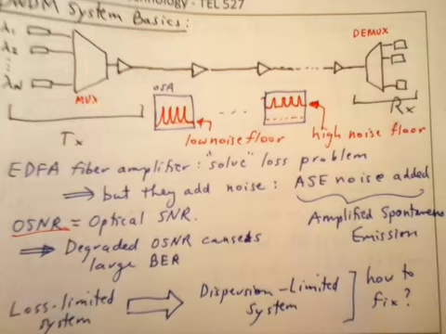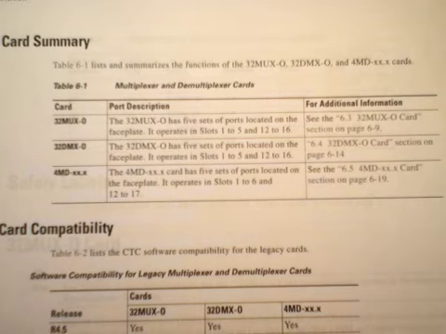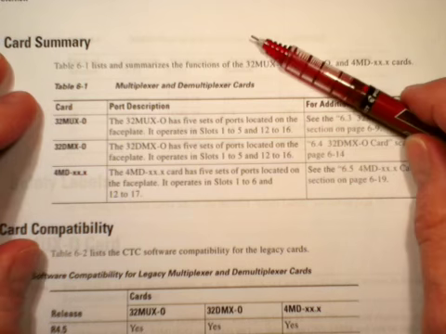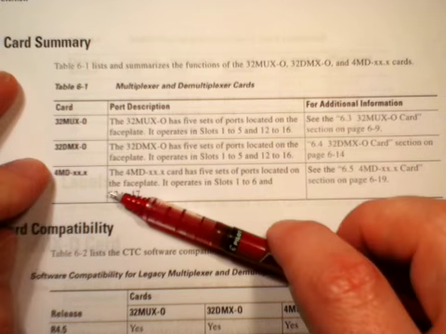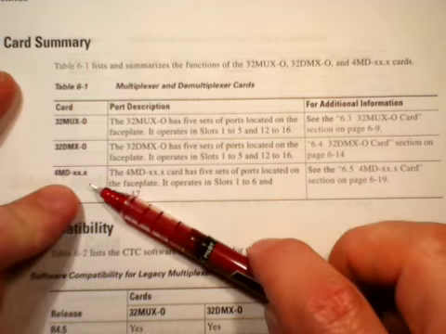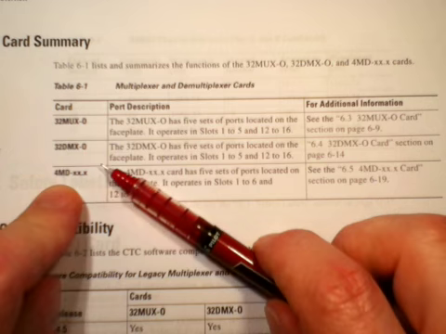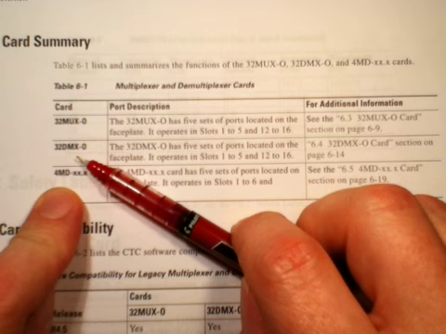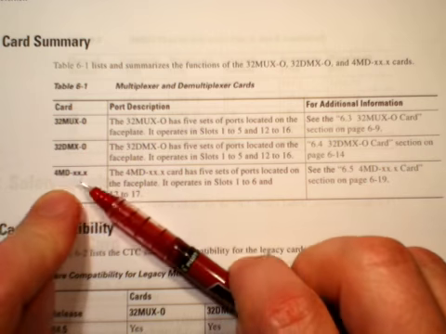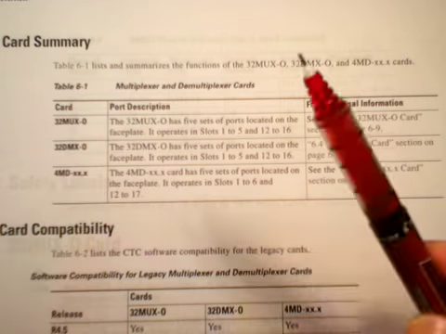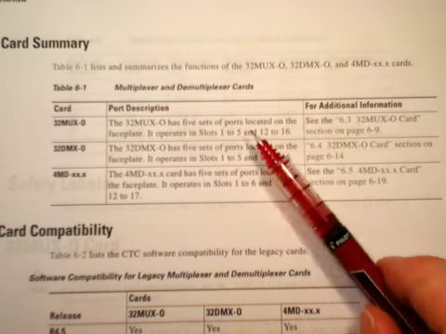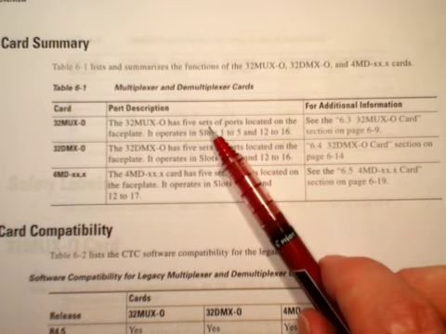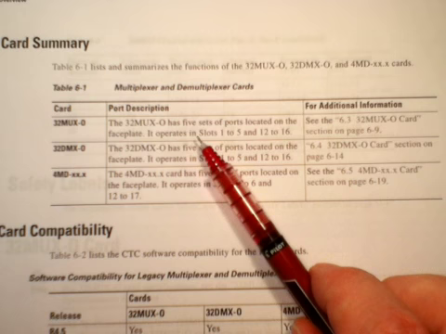Well, in Chapter 6 we have three different card types described: the 32 MUX, the 32 DMUX, and the 4MD XX.X. The MUX has 5 sets of ports on the faceplate.